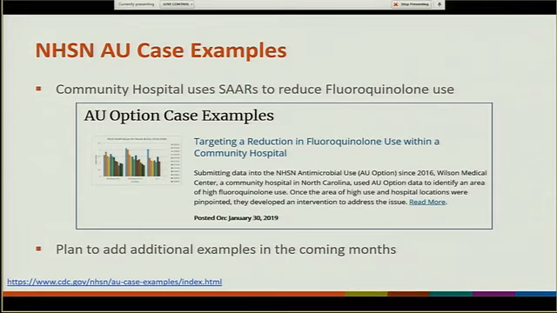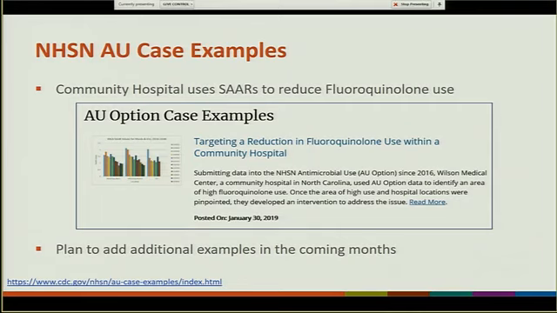We often get the question of more specifically how facilities are using AU, because the previous algorithm is more broad. So we just launched in January 2019 what we're calling the NHSN AU case examples, available on our NHSN AUR website. It provides a real-world experience of a community hospital using SAARs to reduce fluoroquinolone use.